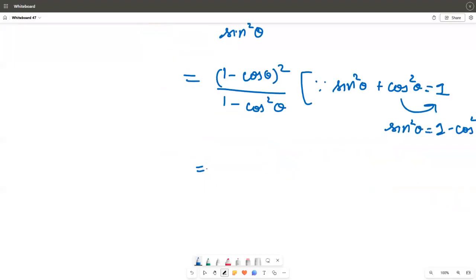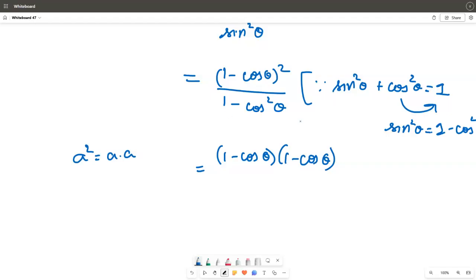Next, I'm going to expand the numerator. Since it is a square, I can simply write it as (1 minus cos theta) into (1 minus cos theta). We can write a square as a into a. Similarly, (1 minus cos theta) whole square is equal to (1 minus cos theta) into (1 minus cos theta).